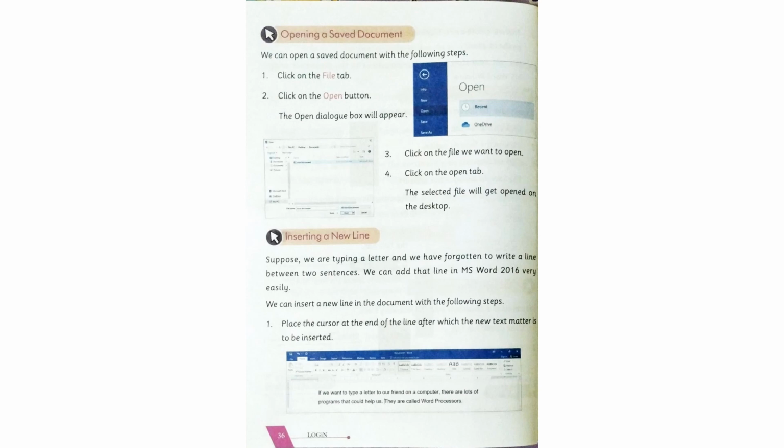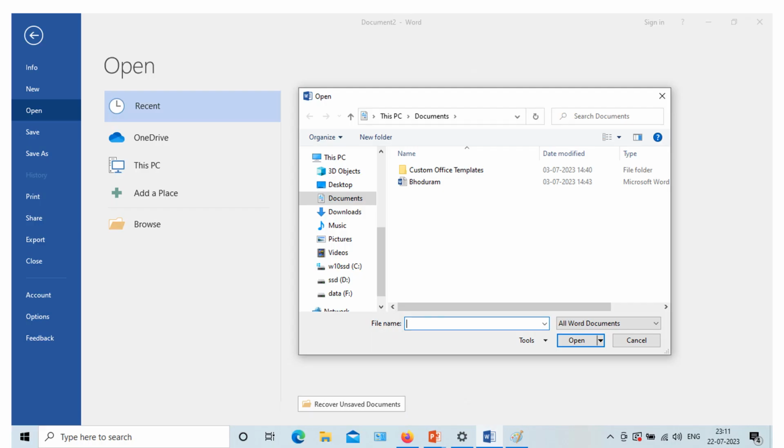First you have to click on the file tab, then click on open, and then you again get the browse option. When you click on the browse, it will show you the locations where you have the files, and here I have chosen my files from the documents directory.